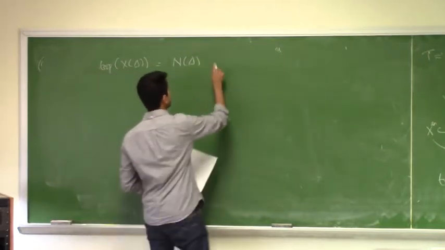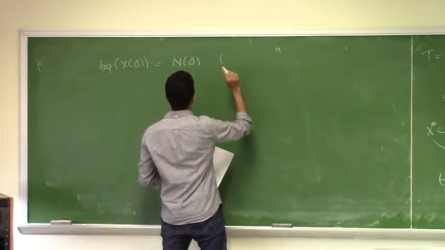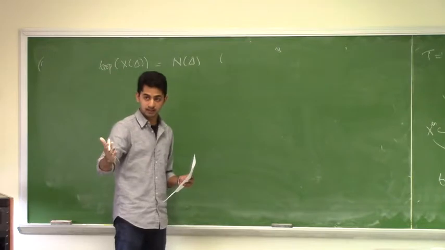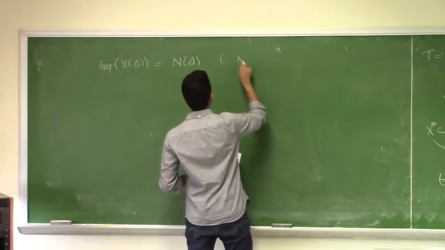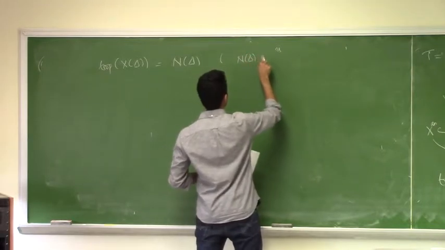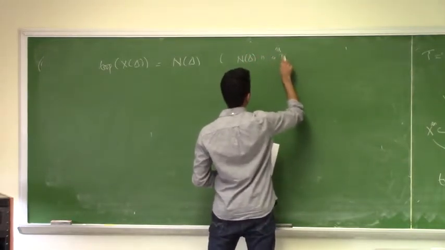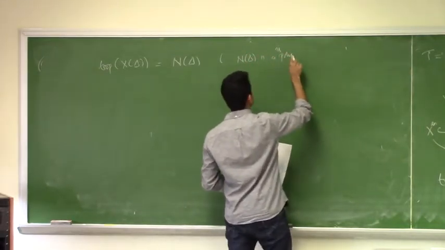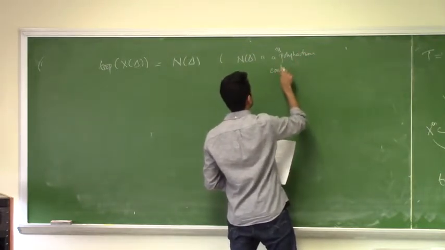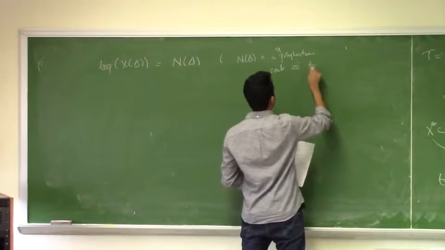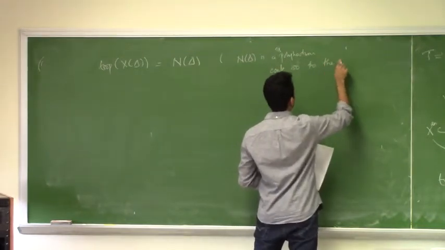And if I'm in a situation where the moment map makes sense, if I'm a smooth toric manifold, for instance, then N_Δ is a polyhedron that's combinatorially isomorphic to the polytope.